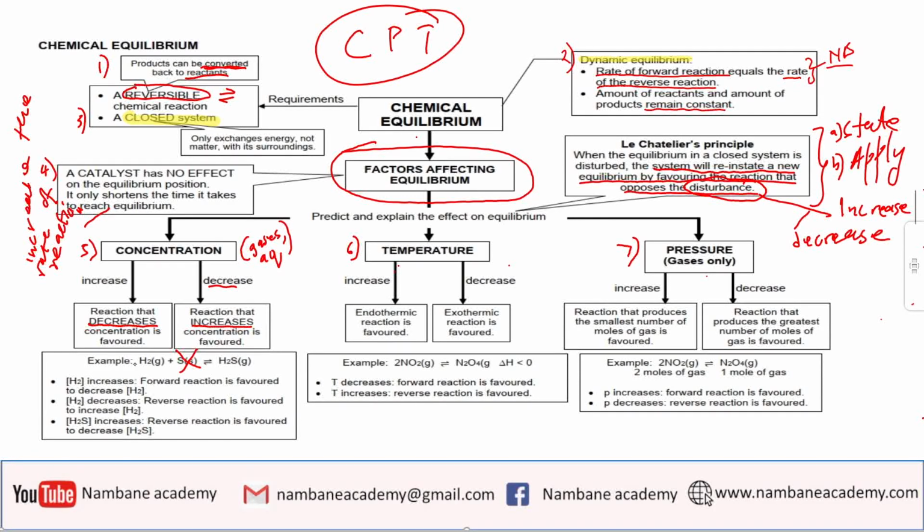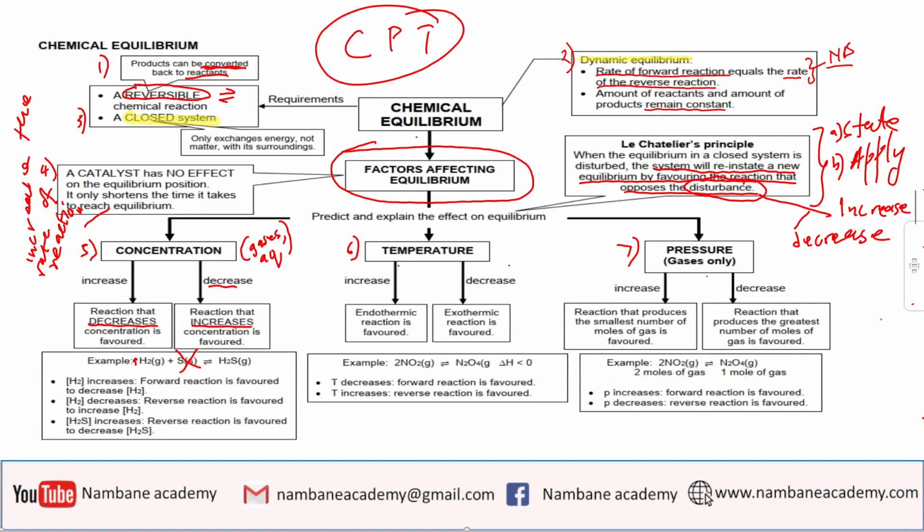If we increase H2, the forward reaction is favored to decrease H2. Why? Because we did say that if you increase the reactants, the system will try to decrease that. How do we decrease the reactants?